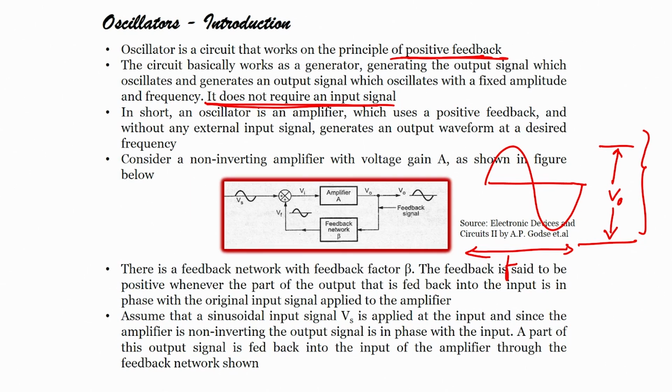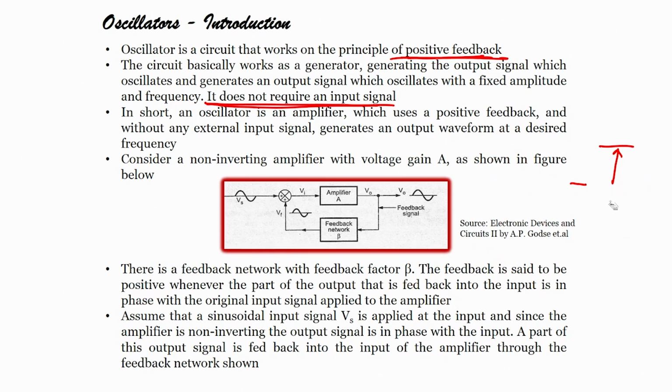So it is a circuit that can generate an output signal with fixed amplitude and fixed frequency. Second point, it does not require any input signal. We will see why. So, two things you have to understand about the oscillator.